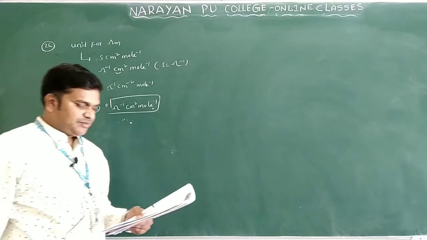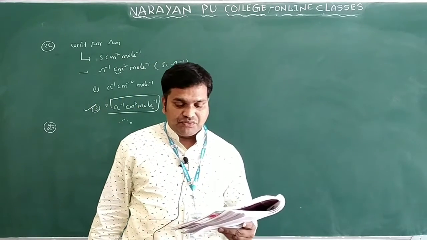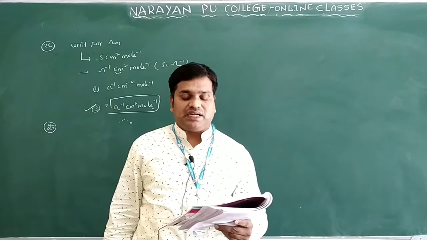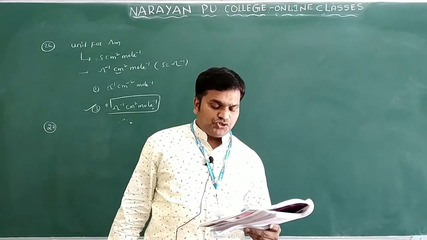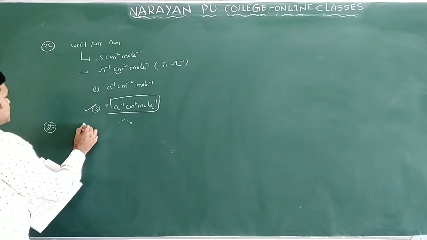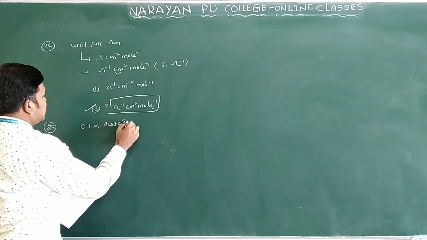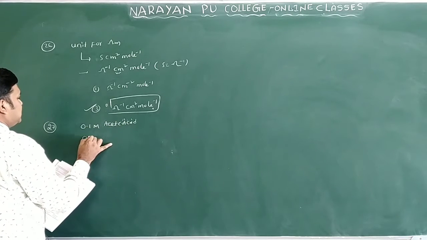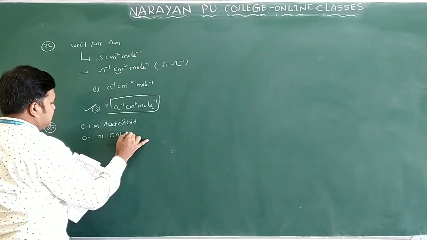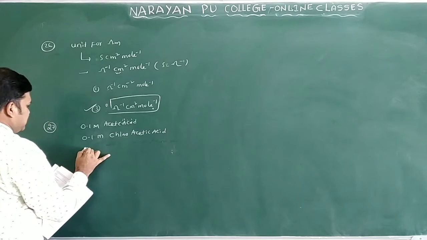See 27. The highest electrical conductivity of the following aqueous solutions is. They are asking highest electrical conductivity. All concentrations are the same. One is 0.1 molar acetic acid. Next 0.1 molar chloroacetic acid.